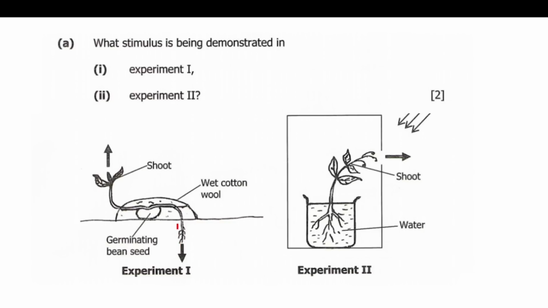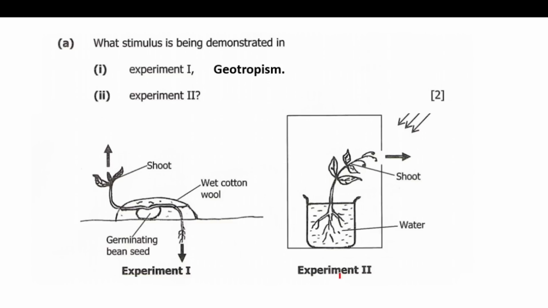If a shoot is going downward here with this arrow, then the response towards the earth, going into the earth, is what we call positive geotropism. So experiment 1 is trying to show geotropism, and in experiment 2 we are seeing a shoot bending towards light.